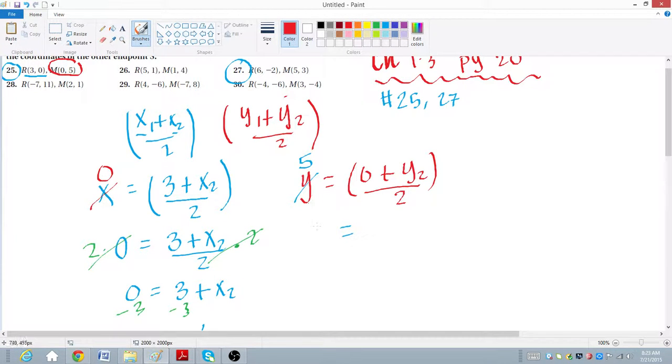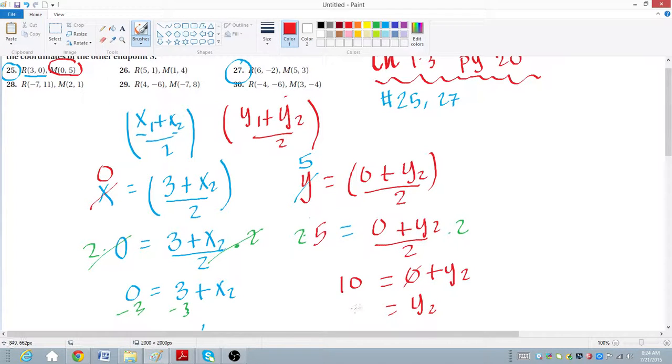So 5 is equal to 0 plus y2 divided by 2. I'm going to multiply by 2 to both sides. Times 2 here, times 2 here. Now I have 10 is equal to 0 plus y2. Now subtract 0 from both sides. y2 is equal to 10.